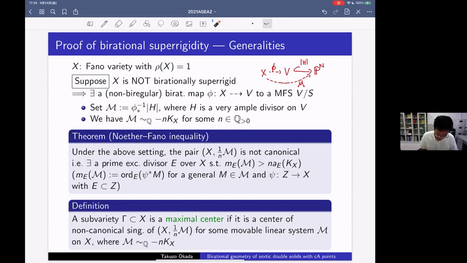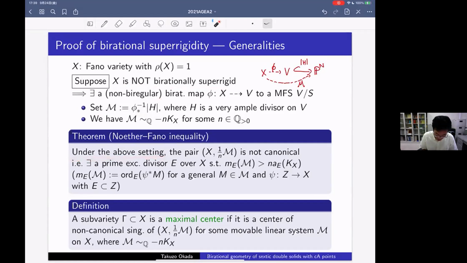The following is a fundamental result in the proof of birational rigidity. It is called the Noether-Fano inequality.